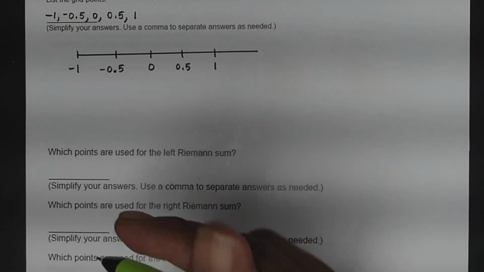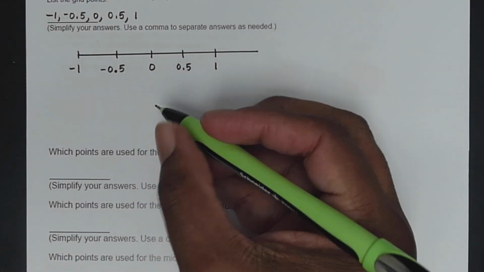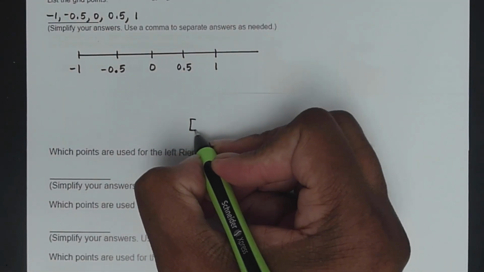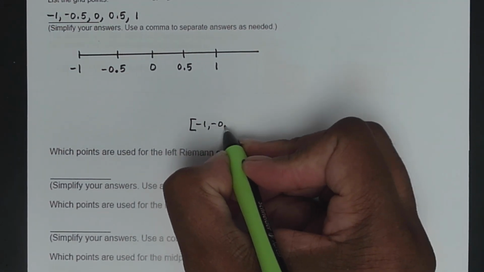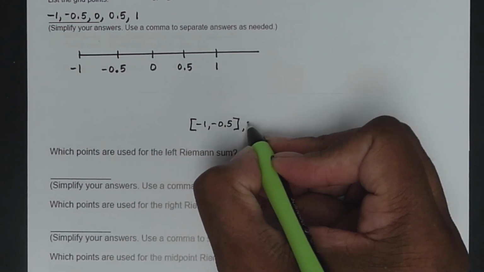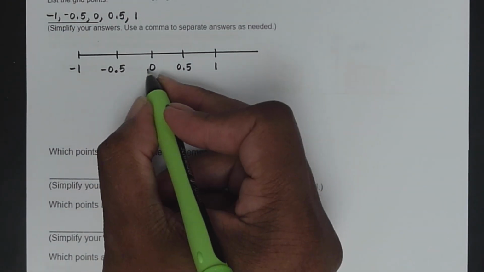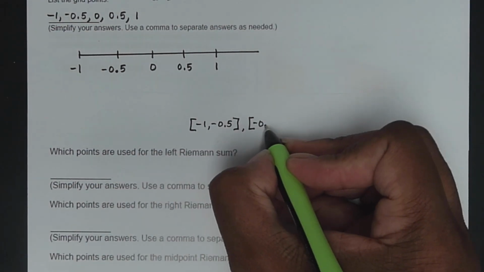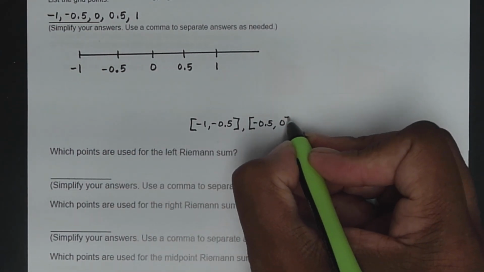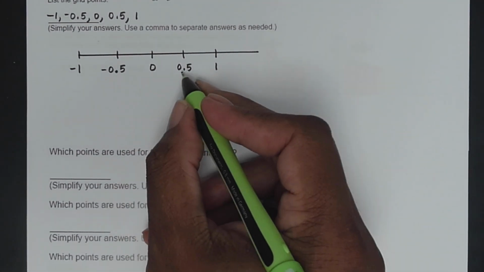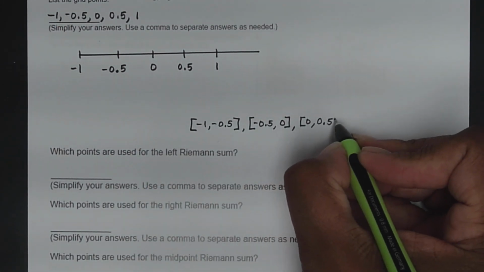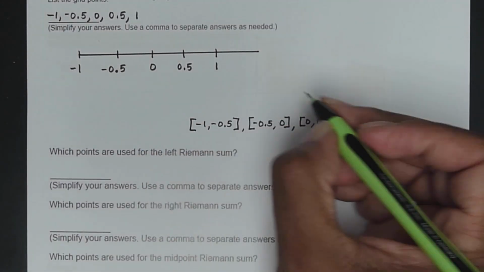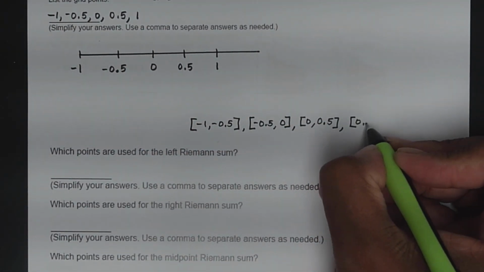So if I write this in individual sub-intervals, here's what I have. From -1 to -0.5, that's one sub-interval. The next one will be from -0.5 to 0. The next one would be from 0 to 0.5. Then the last one would be from 0.5 to 1.